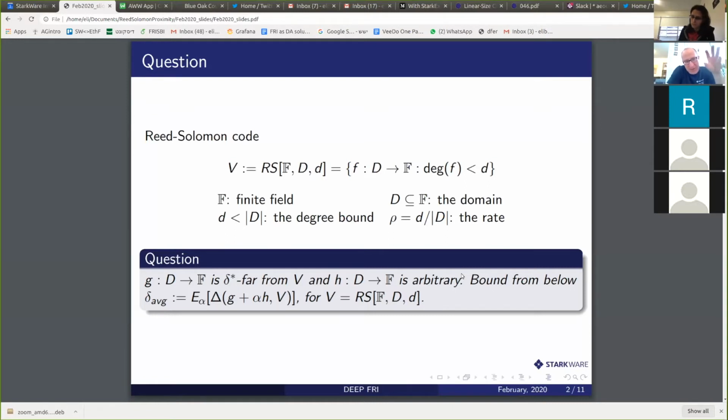Okay, so the question we study over a number of different papers is, assuming G is some maliciously picked function that is delta star far from V, and assuming also that H is an arbitrary function, also picked by a malicious adversary, we would like to say that typically the distance of something along this affine line, having G as its origin and going with slope alpha, a random point on this line, which is a vector of dimension capital D, is also typically far from V. So that's the question.